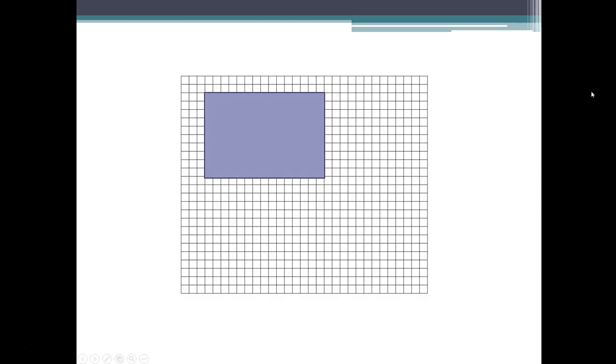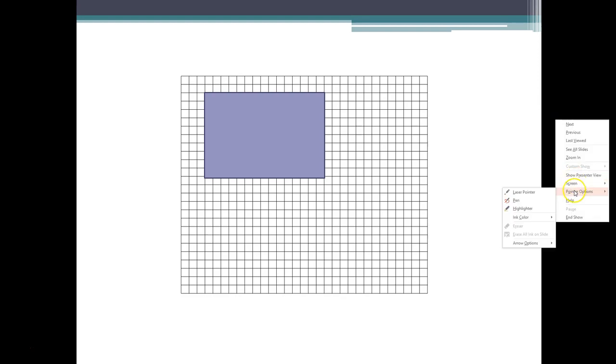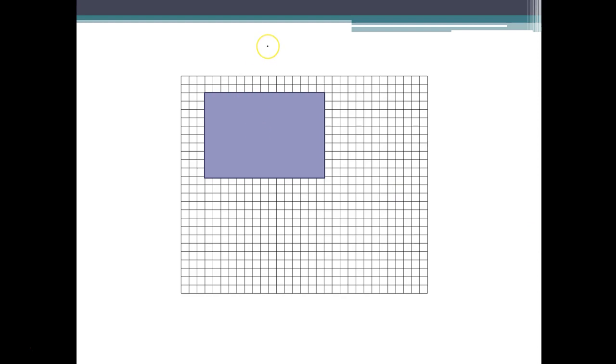Alright, let's start with a rectangle. In this case we have a rectangle, and I'm going to have to count up the units for each side. Let's say you had your little ant starting right here. Little ant. 1, 2, 3, 4, 5, 6 legs.